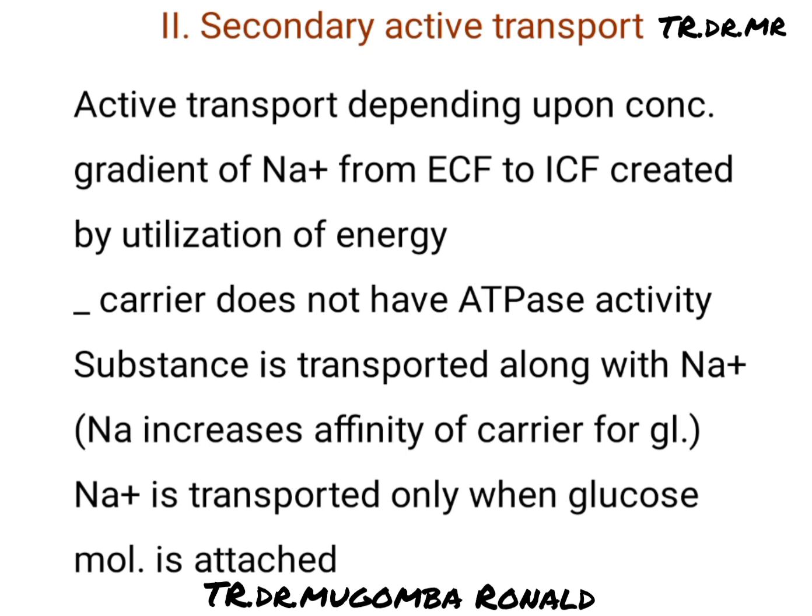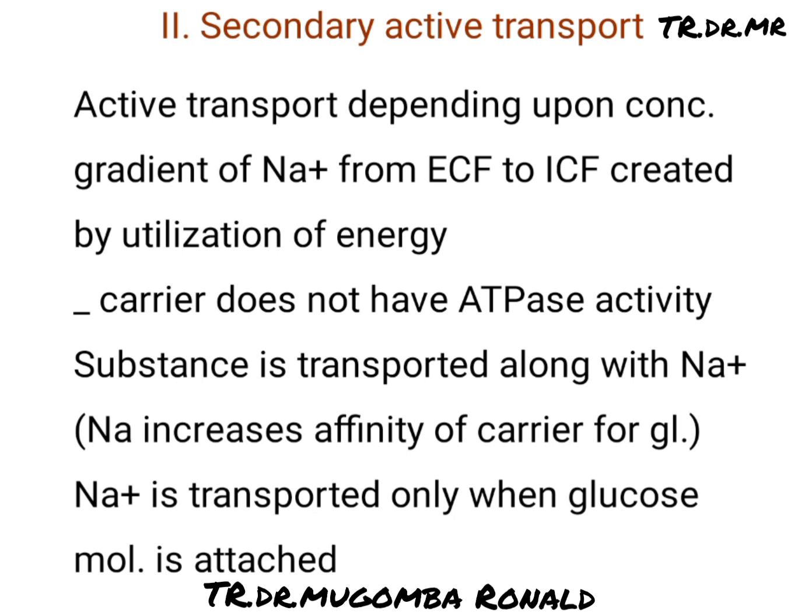Take an example. Now we have a very high concentration of sodium ions outside the cell because of the action of the sodium-potassium pump. So in case we want to move glucose into the cell, we can couple it to sodium ions. As sodium ions move by simple diffusion from the outside of the cell to the inside through special channels, that same channel can also allow movement of glucose molecules.